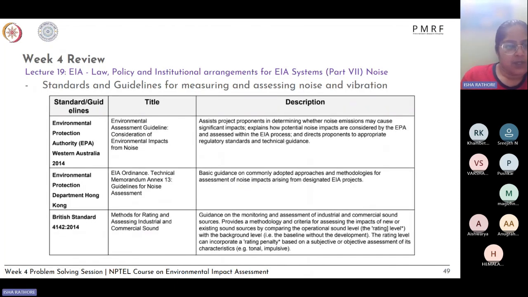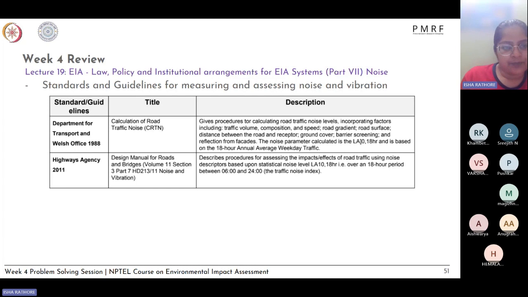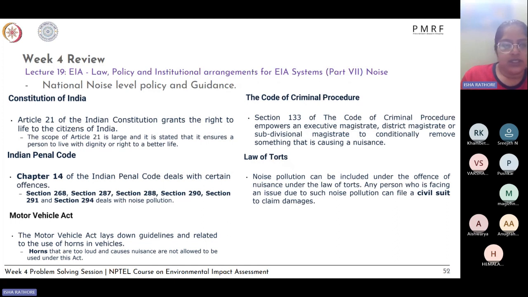Then the EPA, the Environmental Protection Authority of Australia, also has noise guidelines. Hong Kong also has noise guidelines. There are several British standards for different kinds of activities, buildings, vibration, and other things. The Highways Agency also has a manual for roads and bridges, with a noise and vibration section. For road traffic, Wales also has guidelines. So these were certain international ones.